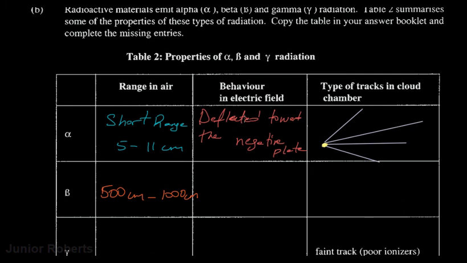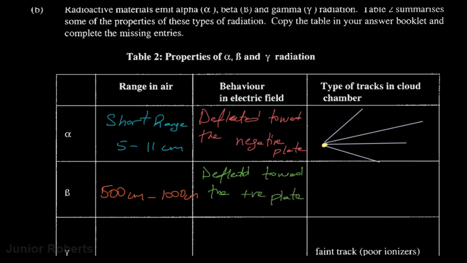Now, in terms of its behavior in an electric field, a beta particle, as I said before, is a fast-moving electron, so it's negative in nature, so it will be deflected toward, in this case, the positive plate.